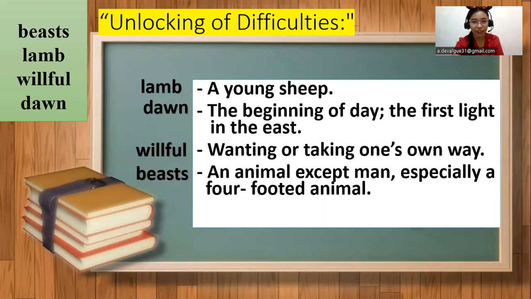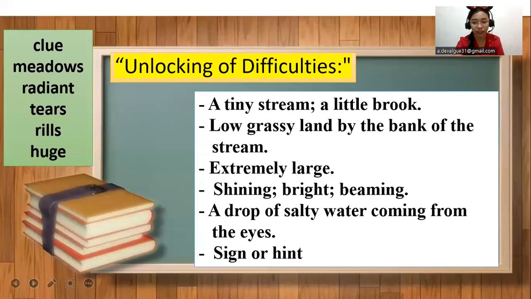Good job. Let's continue here, class. What about this? A tiny stream, a little brook. Very good. Rills. Low, grassy land by the bank of the stream. What is that? Very good. Meadows. Extremely large. Yes, that's right. Huge.